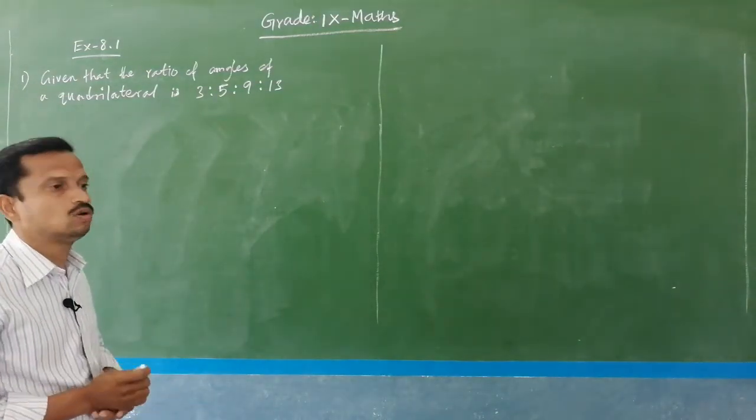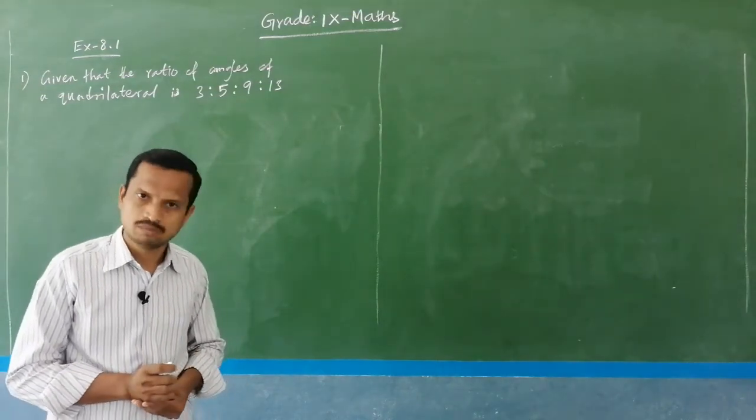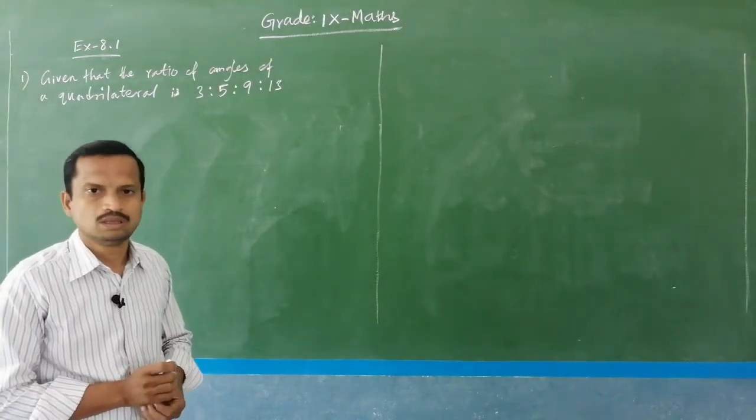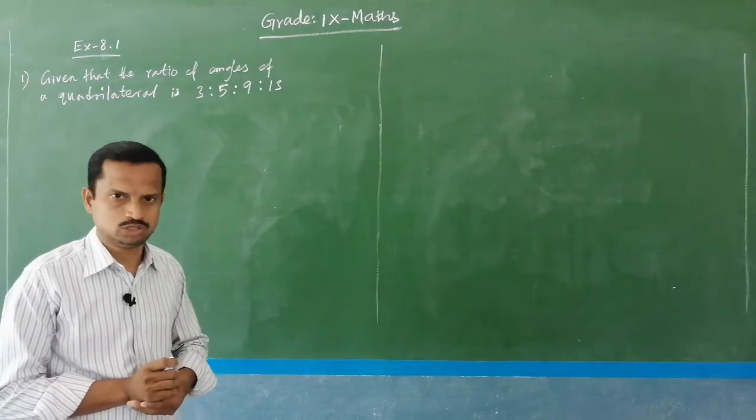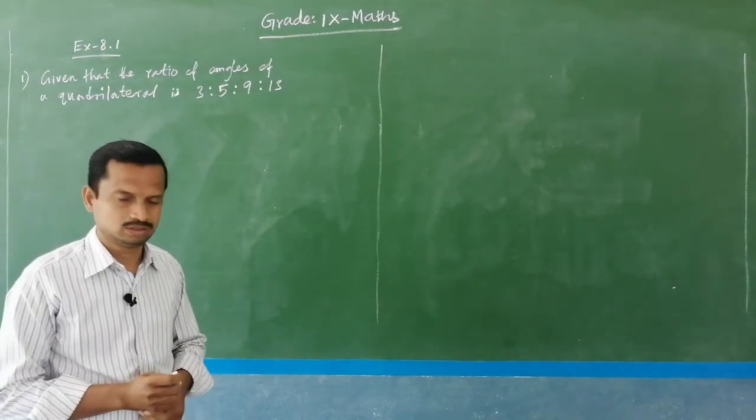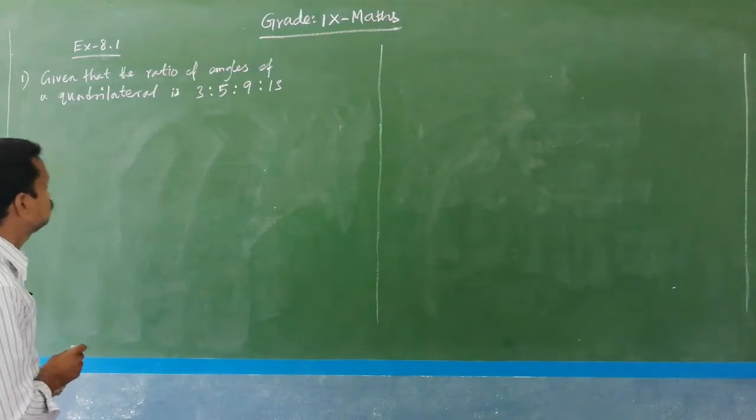So, when a ratio is given, you have to multiply with a common part, that is the common ratio. Let it be x, any variable you can use. So, I am taking x here.